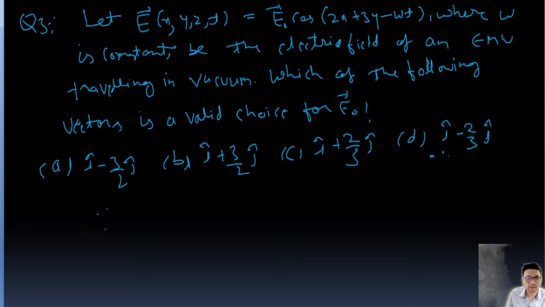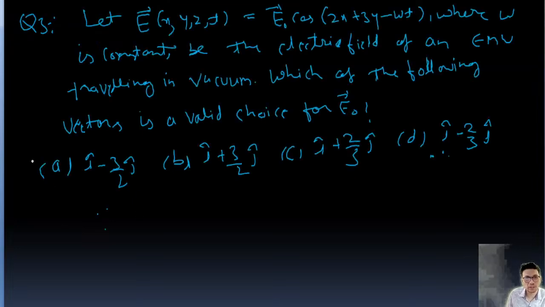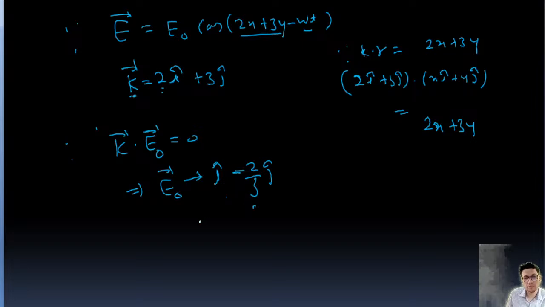That's why this is the best choice, because we have done the dot product, and it gives 0, it means this is the correct choice, because we know k dot E naught equals 0.